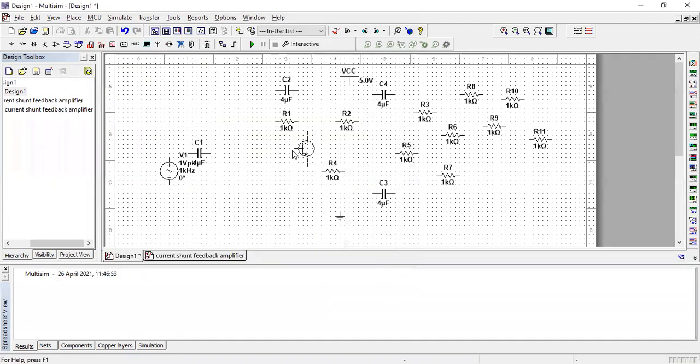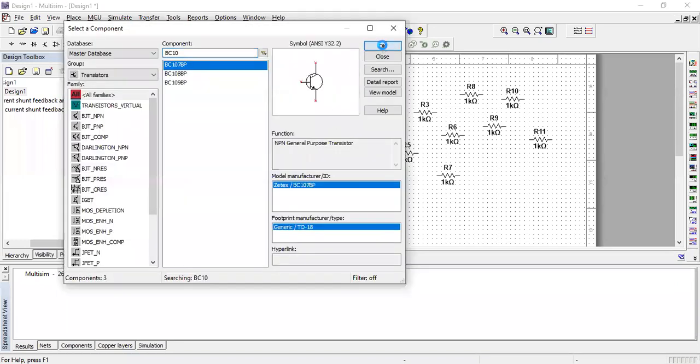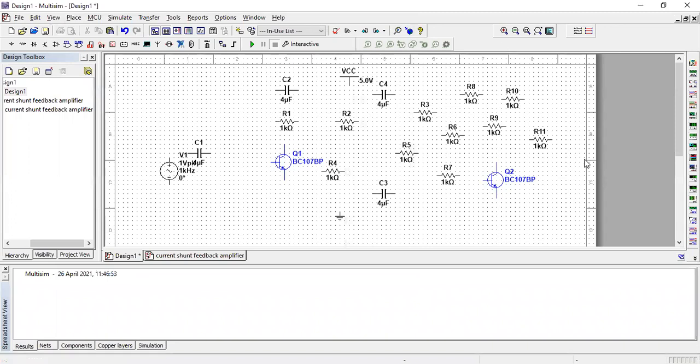So I require two transistors. I'll place two transistors. I have kept all the things. Now the only thing is I need to arrange it in a proper manner. Yes or no? Anything else required, Amma?